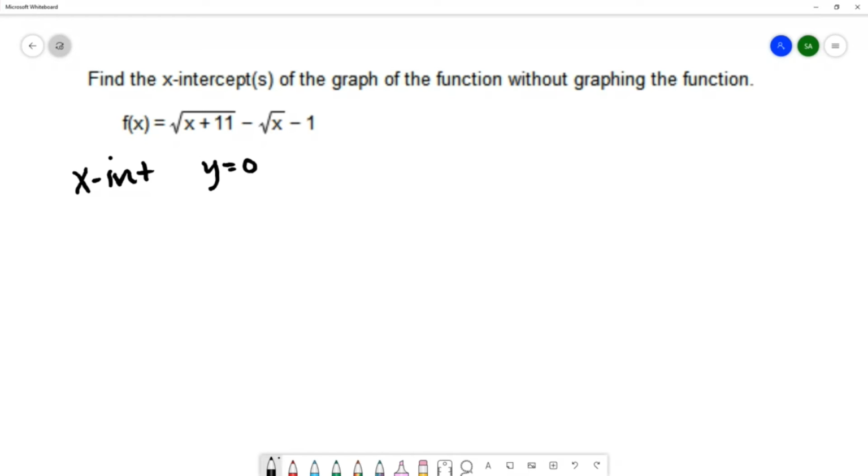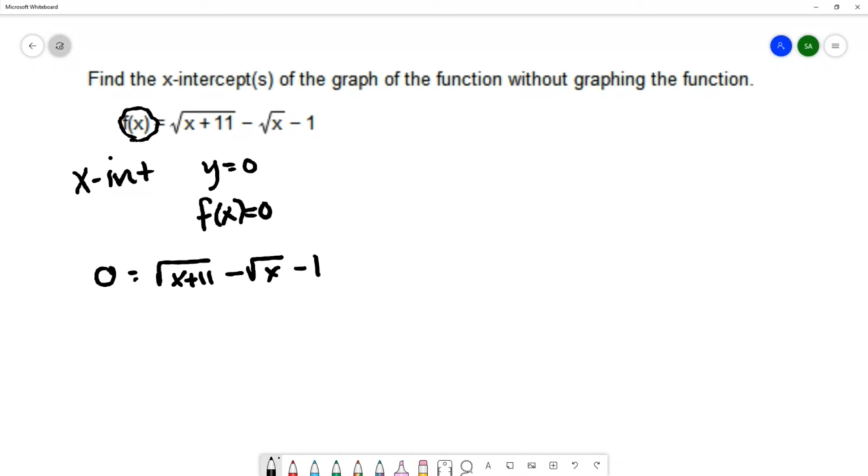Now our equation here is written in function notation. So f of x represents y. So we're going to let f of x equal 0. So we have the equation 0 equals the square root of x plus 11 minus the square root of x minus 1.